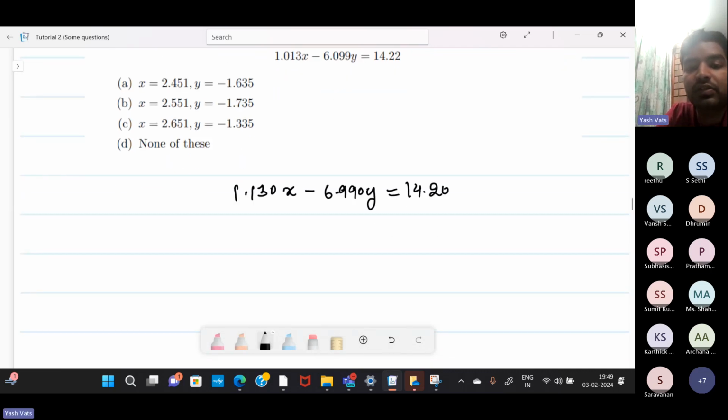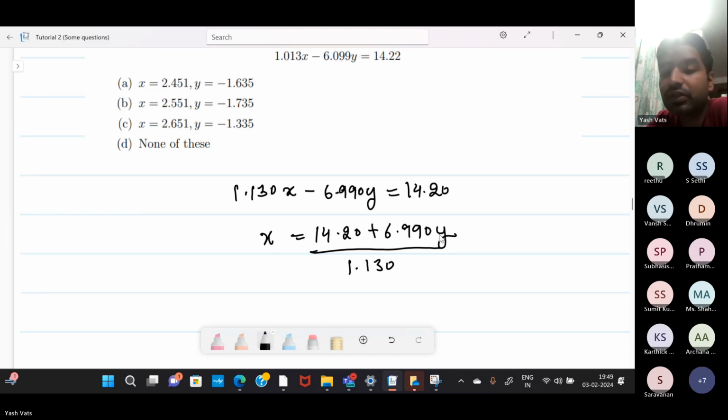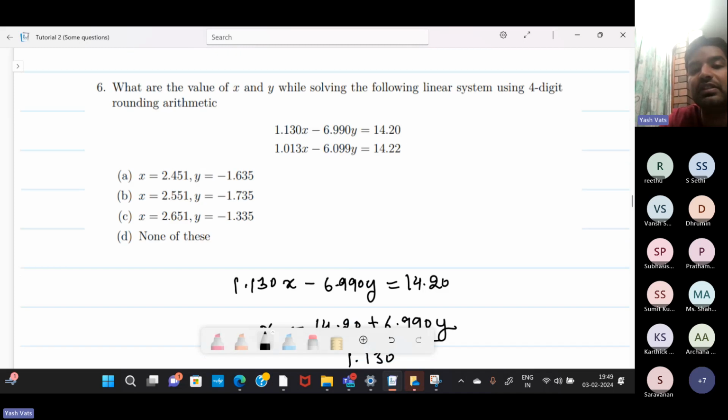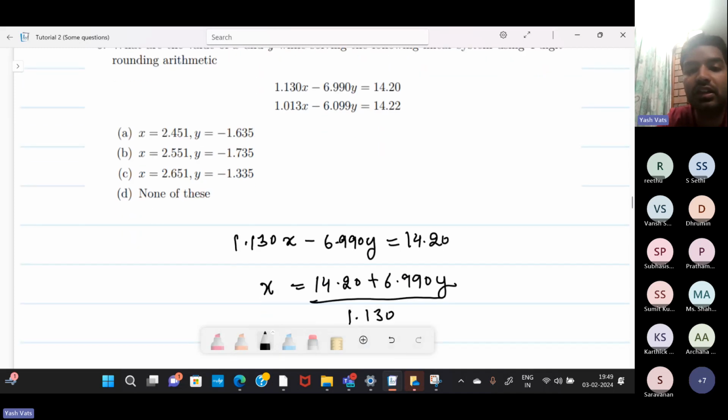And from this one, maybe you can find the value of x from here. So what is it? 14.0990y divided by 1.130. And this value of x you can substitute in the second equation.